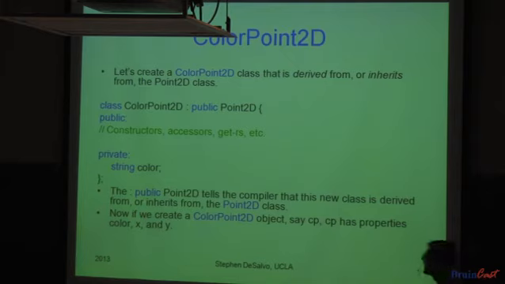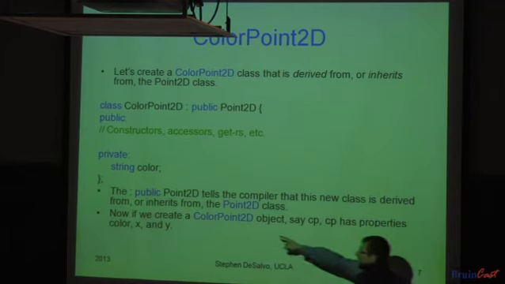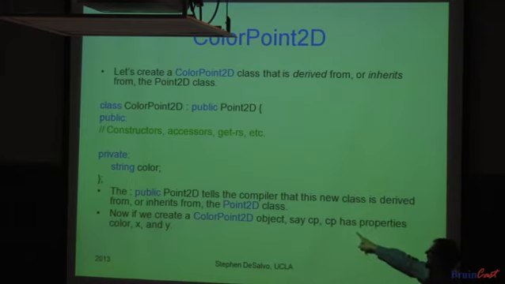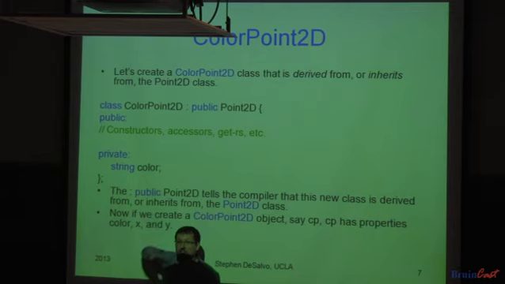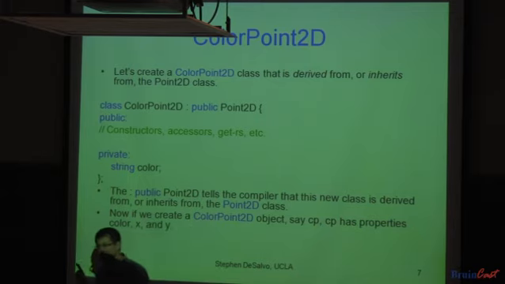Now, the public Point2D tells the compiler that this new class, ColorPoint2D, is derived from or inherits from the Point2D class. What that means is if we create a ColorPoint2D object, then that object has the same properties as the Point2D class object would have had, plus we're giving it an extra string property.